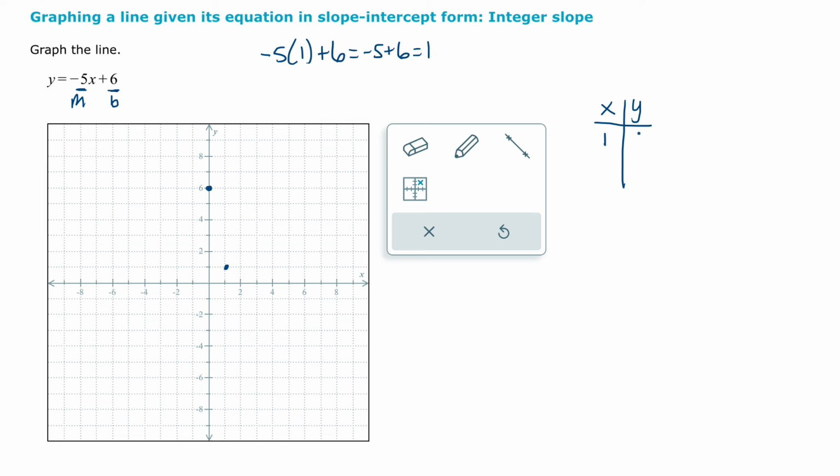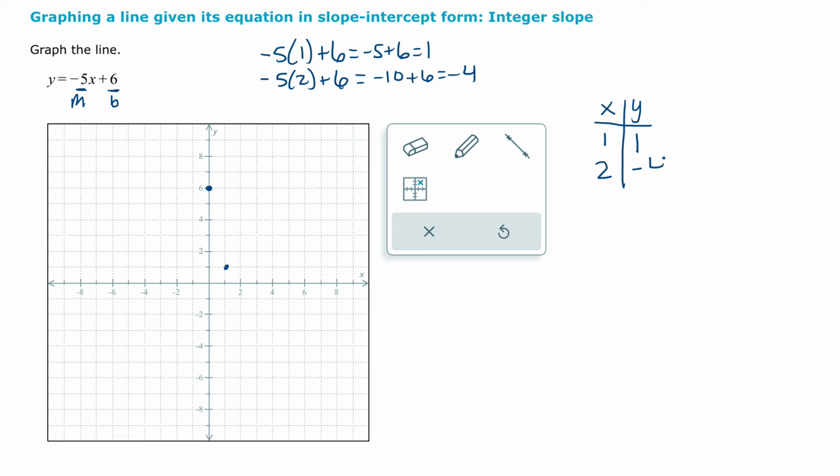So y is 1. Then I could pick another point for x. Let's do 2. Plug that in. Negative 5 times 2 plus 6 is negative 10 plus 6, which is negative 4.